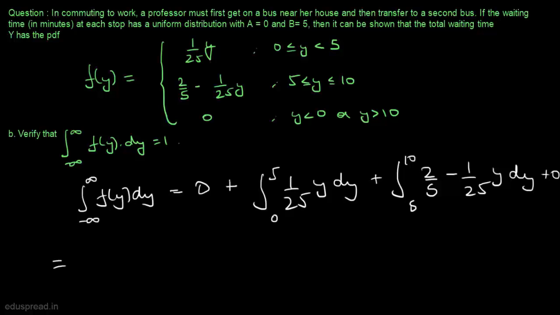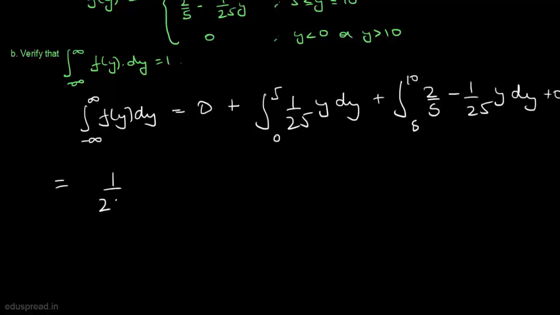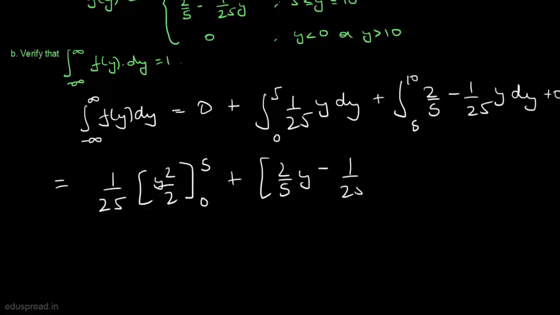So this is equal to 1 divided by 25 times y squared divided by 2, with 0 here and 5 here, plus 2 divided by 5 times y minus 1 divided by 25 times y squared divided by 2, with 5 here and 10 here. So this is 5 actually, and this is also 5, plus 0.